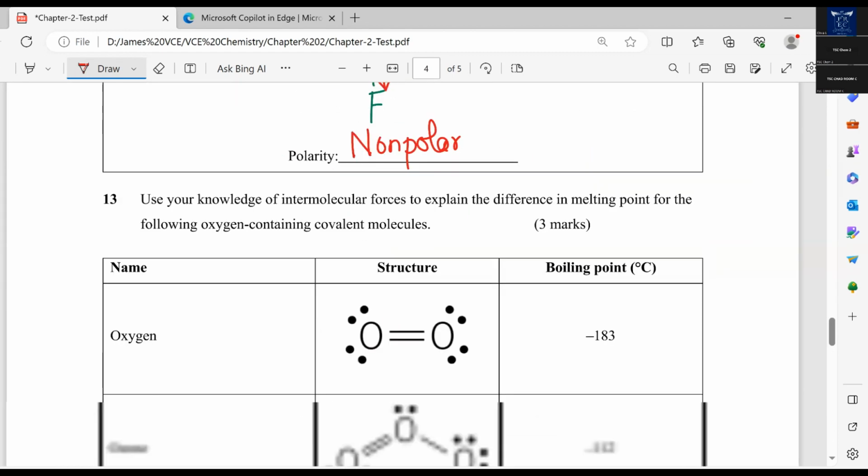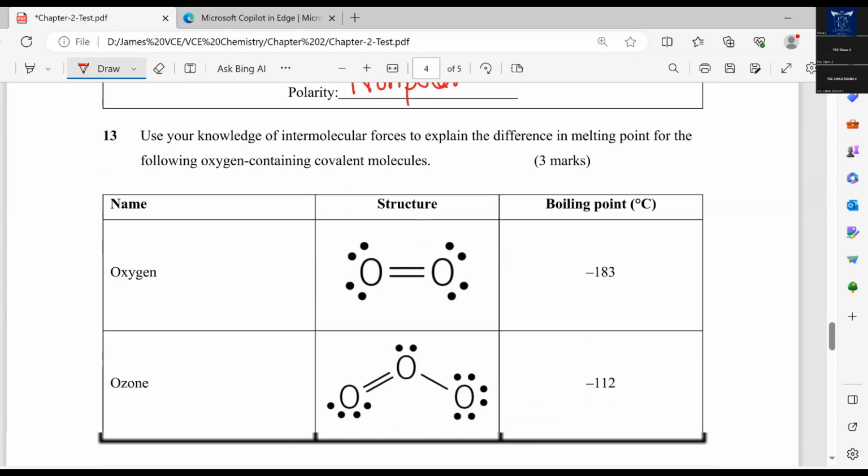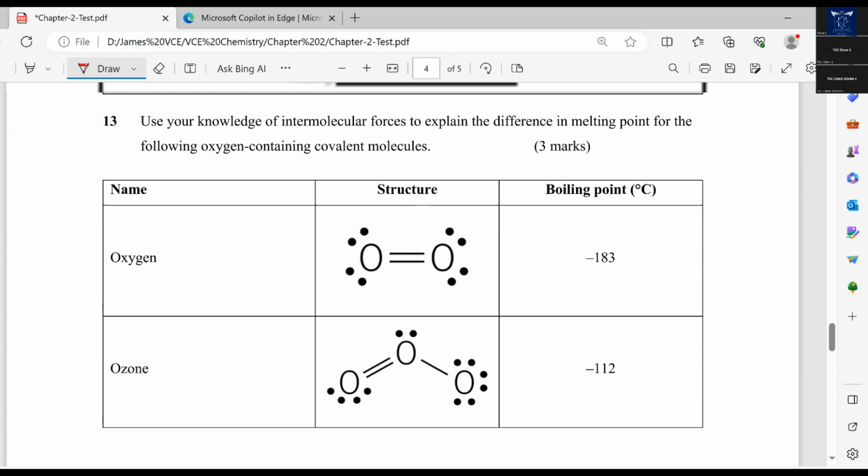Okay, next one, they say use a knowledge of intermolecular forces. So they ask you to use the intermolecular forces to explain the difference in melting point for the following oxygen-containing covalent molecules. Okay, so this is oxygen and ozone. Oxygen and ozone, which one has a higher boiling point?